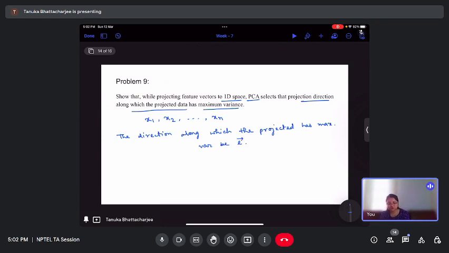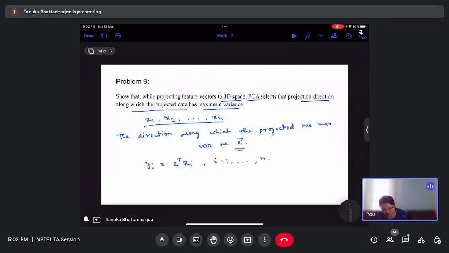So, this is your original data, and if E is the projection direction, then your projected data, let us say we denote those by yi, will be E transpose xi for i equals 1 to n. These are your projected data points. Now, you want a maximum variance for this projected data.